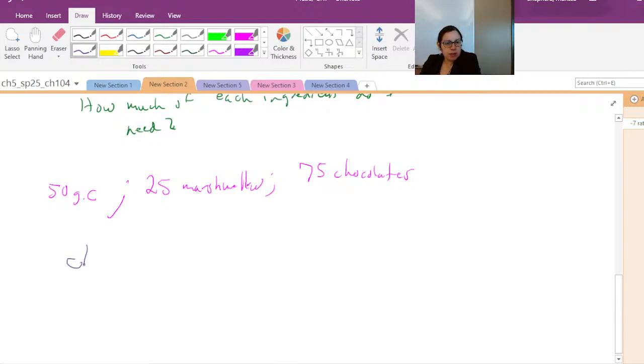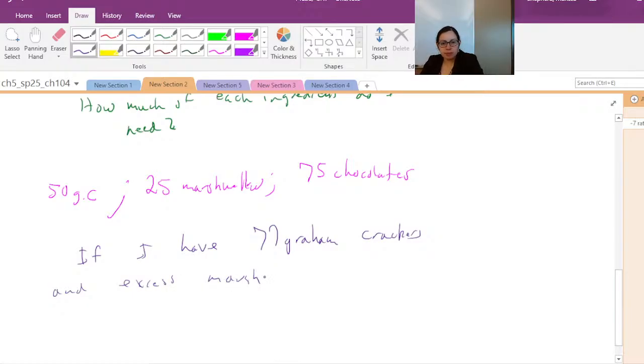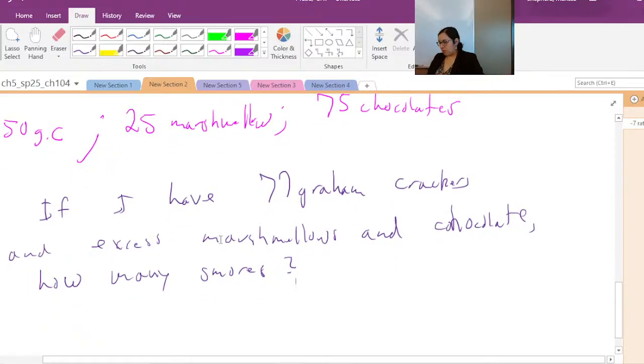And so now if I have 77 graham crackers and excess marshmallows and chocolate, how many s'mores can I make? So how would you solve that one?